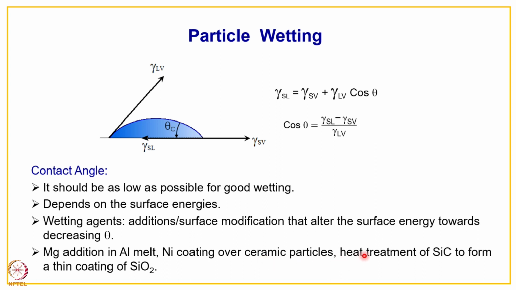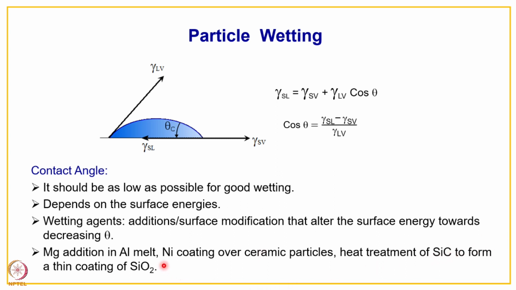When you add silicon carbide as the reinforcement, then you can also give it a heat treatment at a certain temperature at which silicon can get oxidized and form a thin coating of silicon dioxide over silicon carbide particles. Okay, and in terms of the wetting, silicon dioxide is much better compared to silicon carbide.